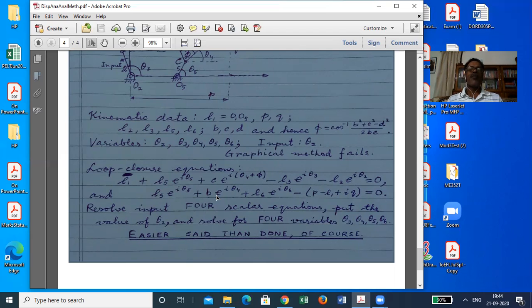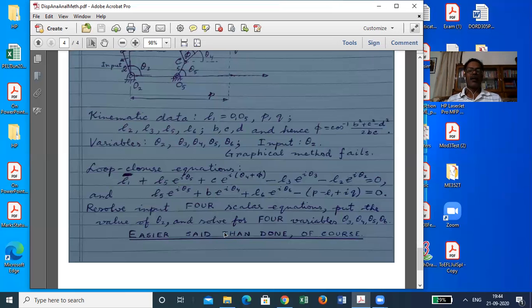Whatever it is, between this equation and this equation, which is now not as simple as the original one, it has become a little difficult. But anyway, between the two, you can now eliminate one of the unknowns. Suppose you eliminate theta 4. That you can eliminate one unknown, I am telling you, and I am putting this as a little challenge for you.